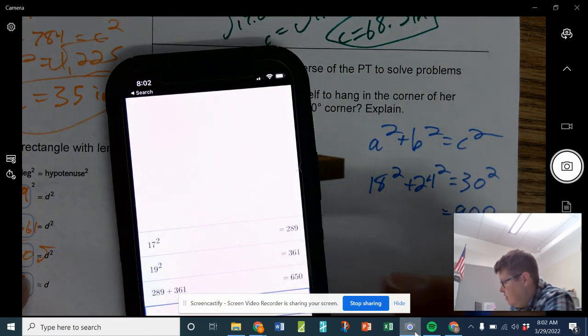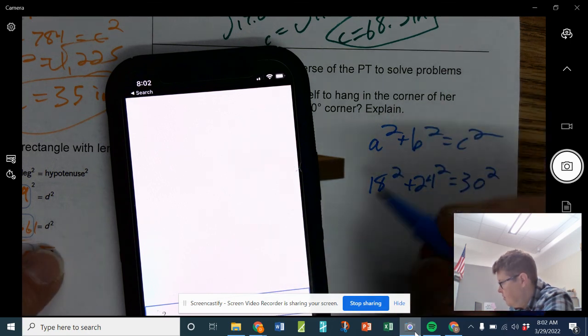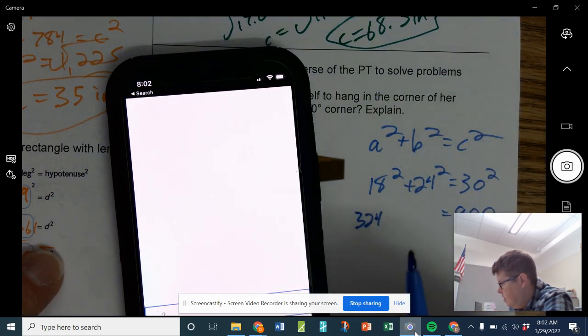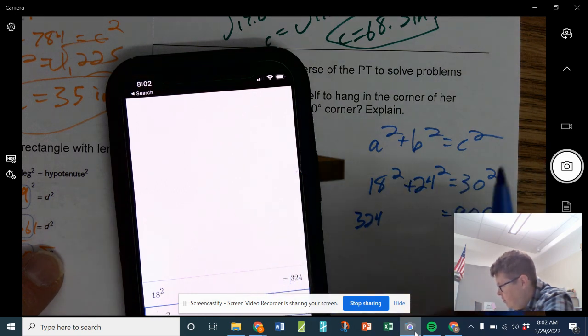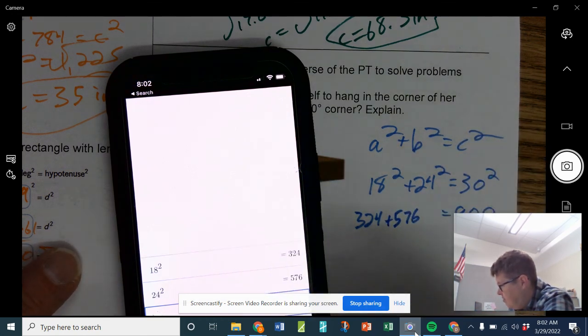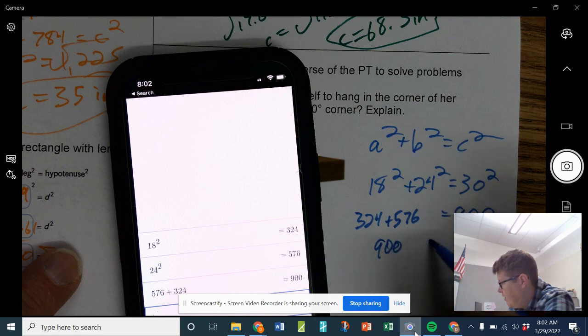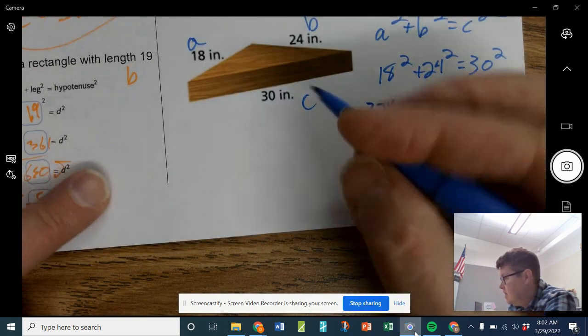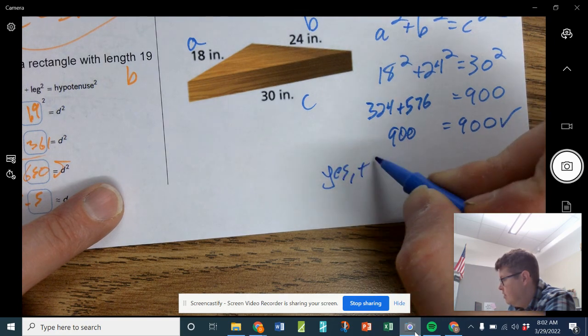And then 18 squared is 324. 24 squared is 576. And now we'll see if they add up. So 576 plus 324 gives us 900. Look at that. 900 equals 900. That is a true statement. So yes, this is a right triangle.